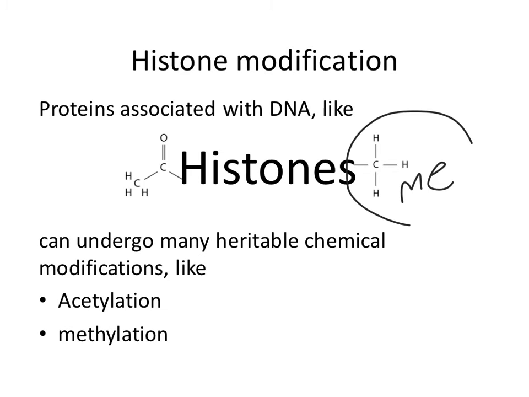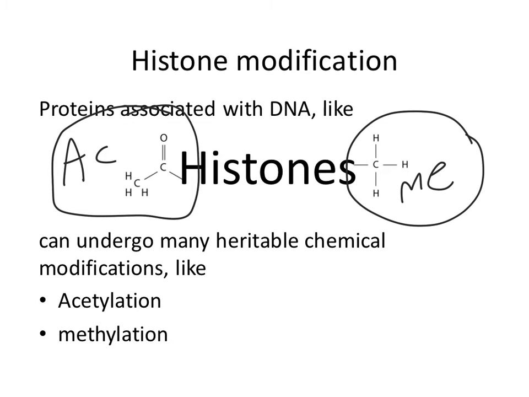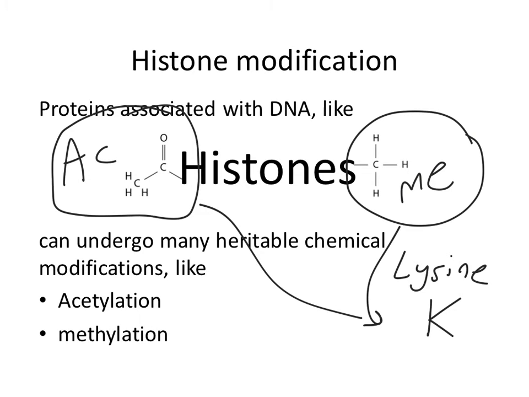So you can have methylation, the addition of a methyl group, or you can have the addition of an acetyl group. And those can happen anywhere on histones, although most usually those happen on a specific type of amino acid, one of the 20, lysine. Not always, but very often these modifications happen on amino acid K, lysine.